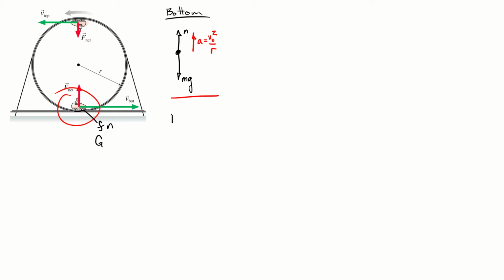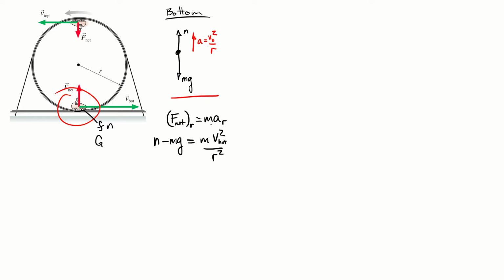Newton's second law is F net in the r direction is equal to mass times acceleration in the r direction. And we just looked at this. We have normal in the positive direction, mg, gravity, in the negative direction, and our acceleration is the speed at the bottom squared divided by r.